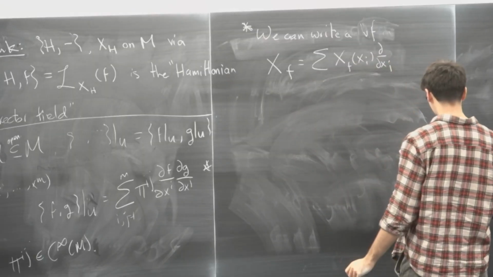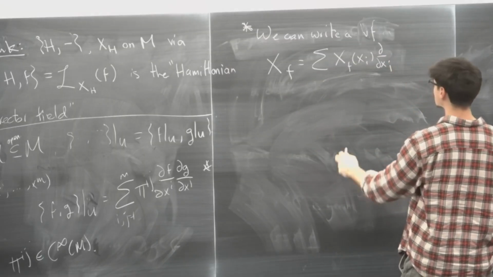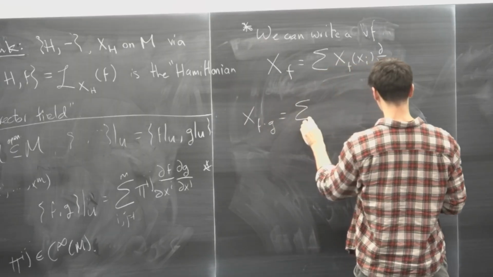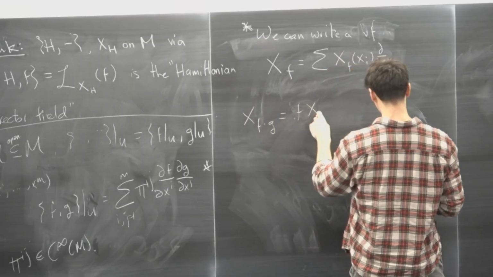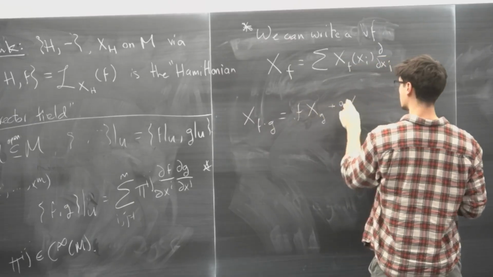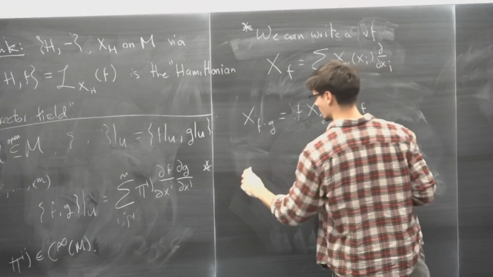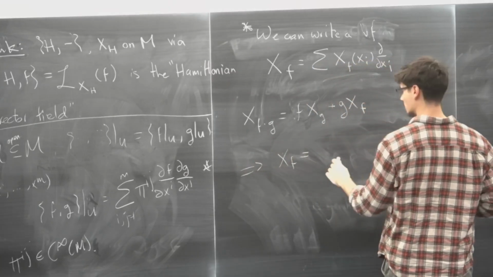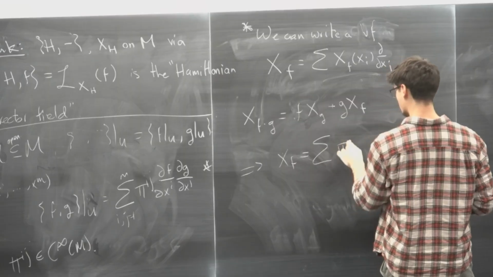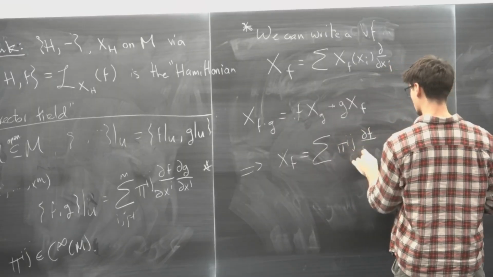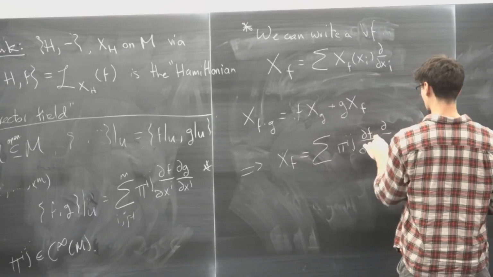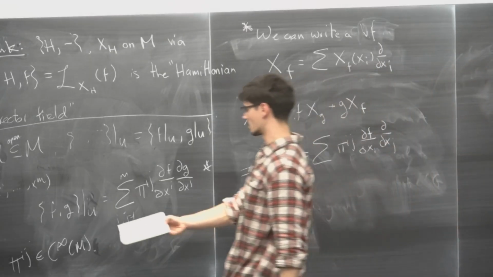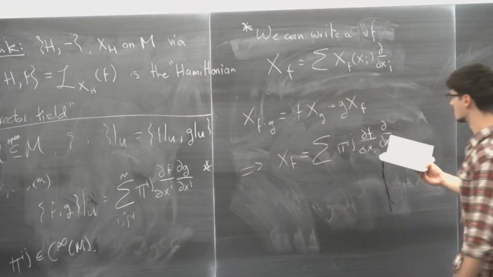It's a fairly easy proof. And by Leibniz, it's quite easy to show that you get f times Xf. So in fact, this implies that Xf itself is a derivation, and we can write it as some functions. Then applying f is just the derivative, so you just put in g.